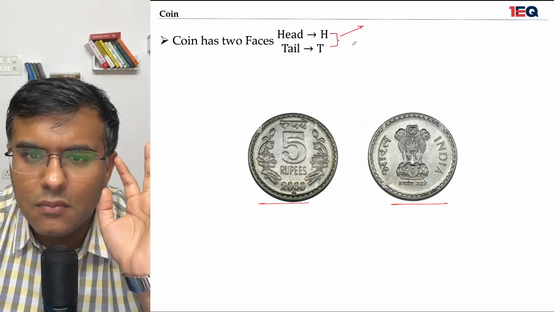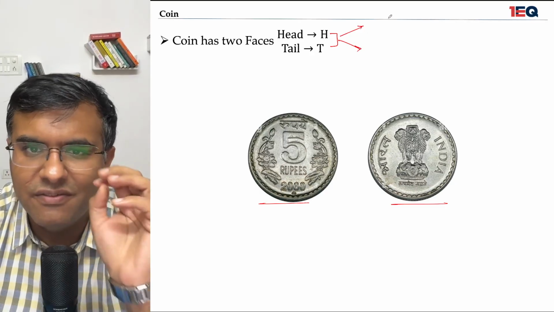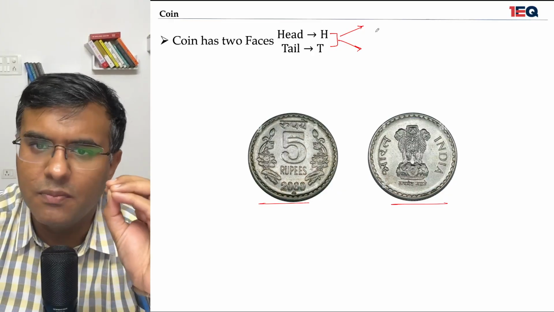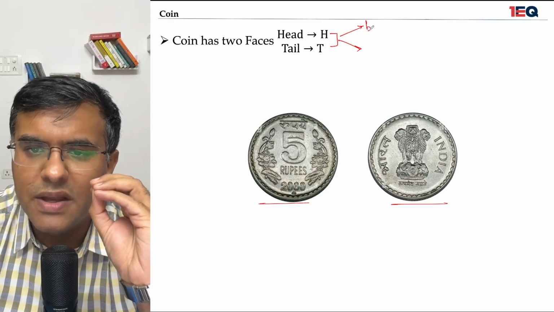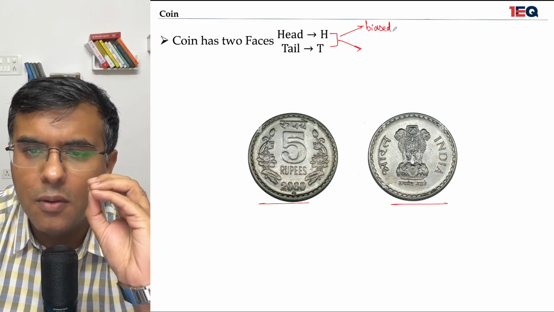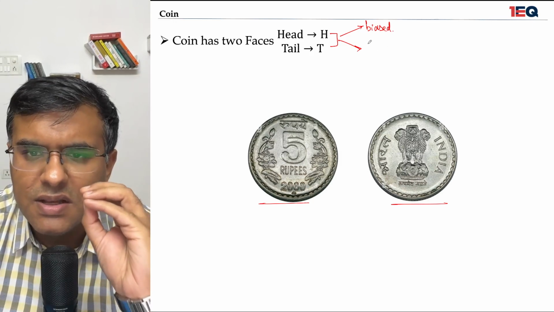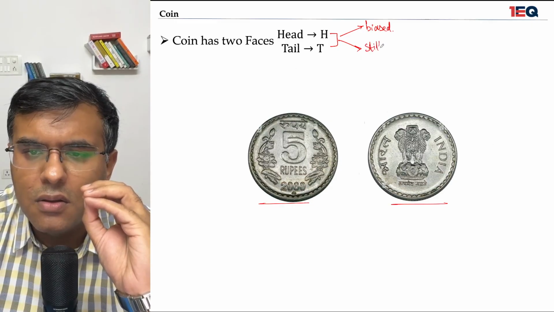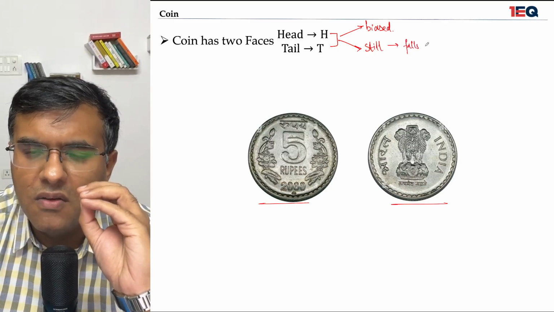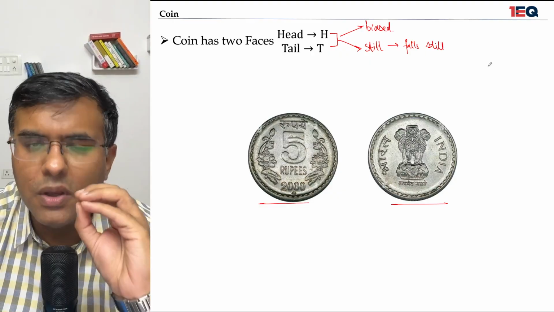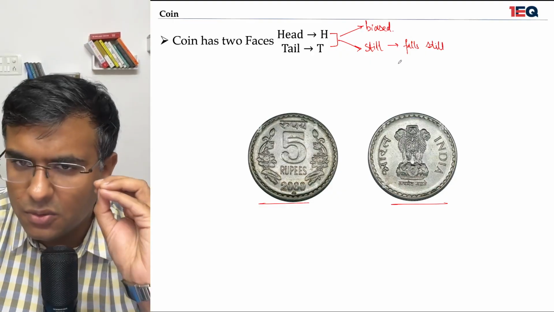There are two situations where we do not consider it a fair luck game. First, if the coin is biased, I would not take it into consideration. Secondly, if my coin falls still, or it is standing, a standing coin, I would not take it into consideration.